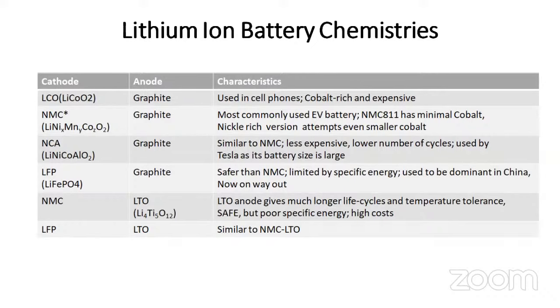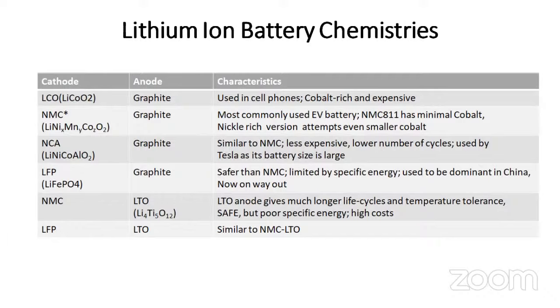If I summarize this, if you have a high energy density requirement, you can go for the NMC cell. If you have a high energy density requirement, but cost is also a matter for you, then you can go for NCA, which has slightly lesser energy density and slightly lower cost. If you want completely safe battery packs which are not sensitive to heat, but with much lesser energy density, then you can select LFP.